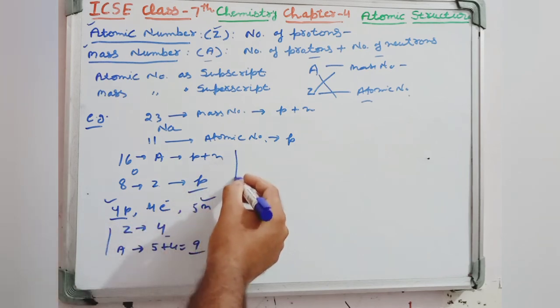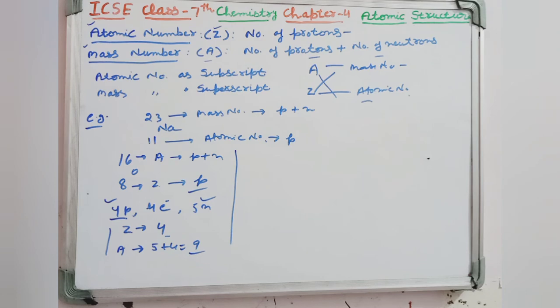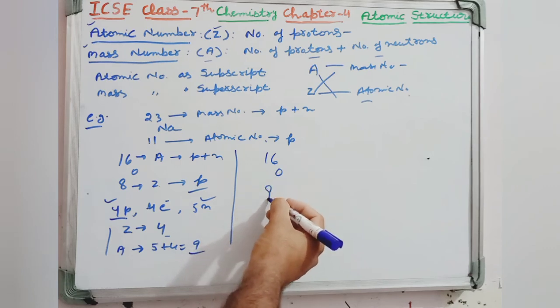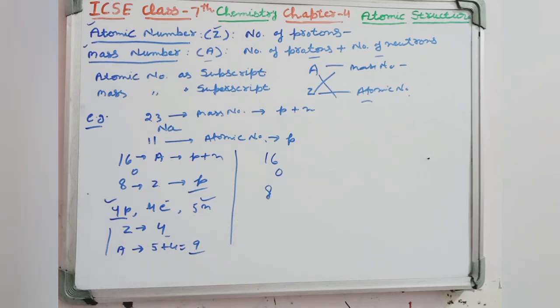Now the next question we have given: how many protons, electrons and neutrons are present in the following atoms? Also indicate the atomic number and mass number. Right? So first is 16O8.